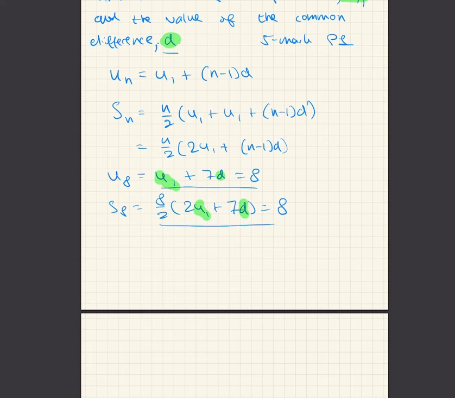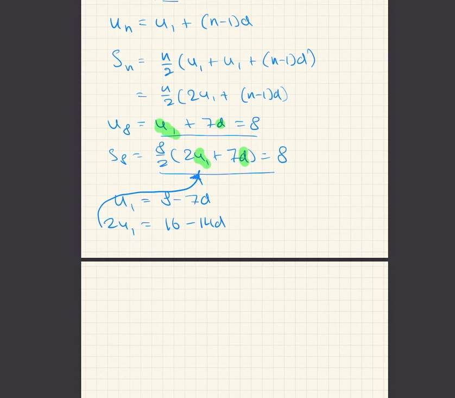So what I would do in this case is rewrite u1 is equal to 8 minus 7d. That means that 2u1 is equal to 16 minus 14d. And then we're going to substitute this all the way back into here. Obviously, there are multiple ways you could do this; this is just the one that feels most natural to me. I'm going to simplify 8 over 2, that's just 4, of 16 minus 14d plus 7d.